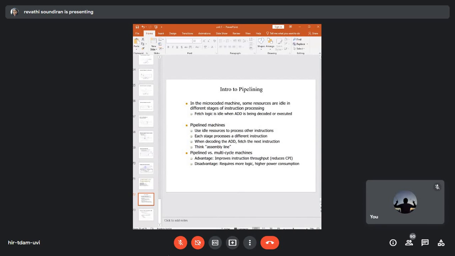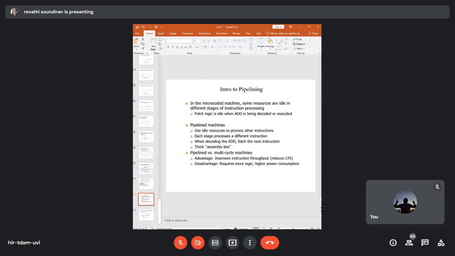For instance, fetch logic is idle when your add is being decoded or executed. Your fetching is only accessing memory, but the add operation is performed in your ALU. Sometimes your ALU is free, or the wires related to fetching instructions are free, during different stages of instruction processing.